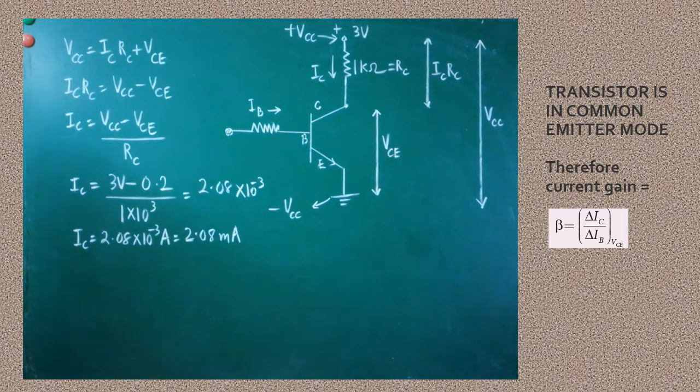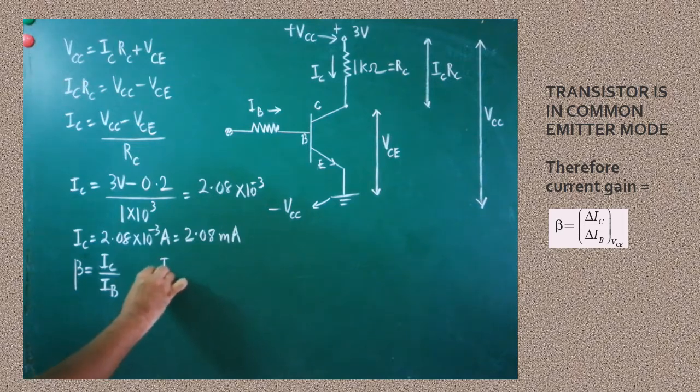We have found out the value of IC. From the theory part, what we have learned, current gain beta is equal to IC by IB. The ratio of collector current to the base current is called current gain. So with the help of this formula, we are able to calculate the base current which is required to drive the transistor.